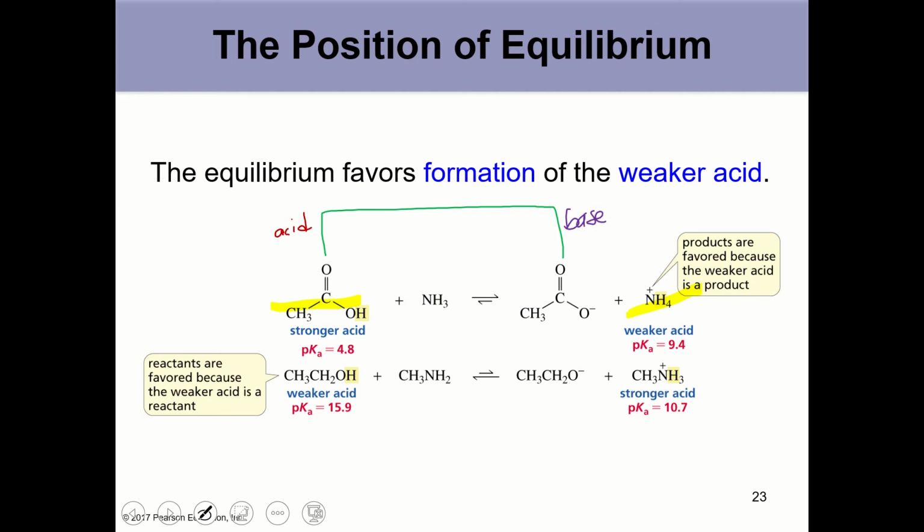Once you've identified one set, you can automatically label the other molecule in the reactant or the product as the opposite of the molecule that it is with.